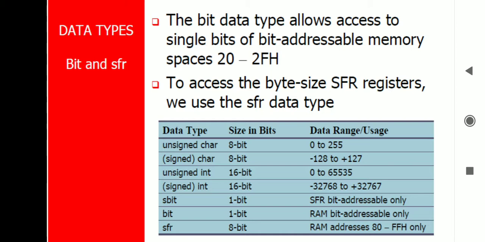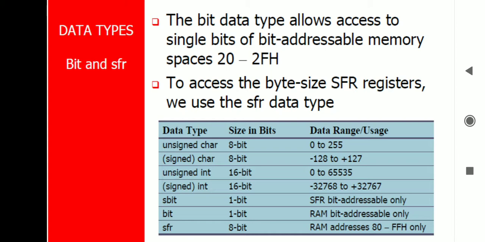Unsigned char is 8-bit with range 0 to 255. Signed char, or only char, is 8-bit with range minus 128 to plus 127. Unsigned int is a 16-bit data type with range 0 to 65,535. Only int means signed integer, a 16-bit data type with range minus 32,768 to plus 32,767.